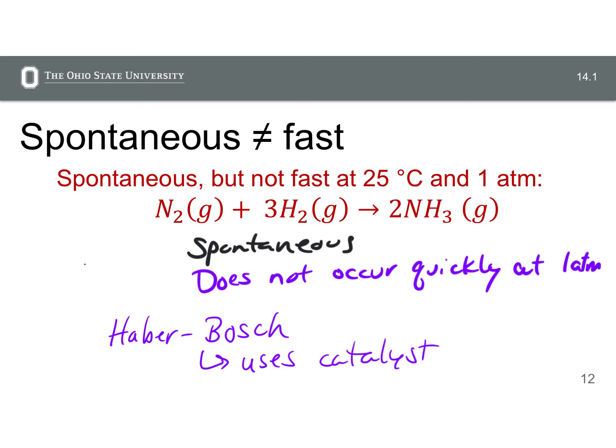Now, I do want to say one other thing about Haber, because I think this is an important thing. His goal was not to create fertilizer. His goal was to create weapons of war, chemical gases used in World War I, and which he was very good at. And he won a Nobel Prize for the ammonia reaction, but he also is responsible, given his inventions, for killing lots and lots of people.